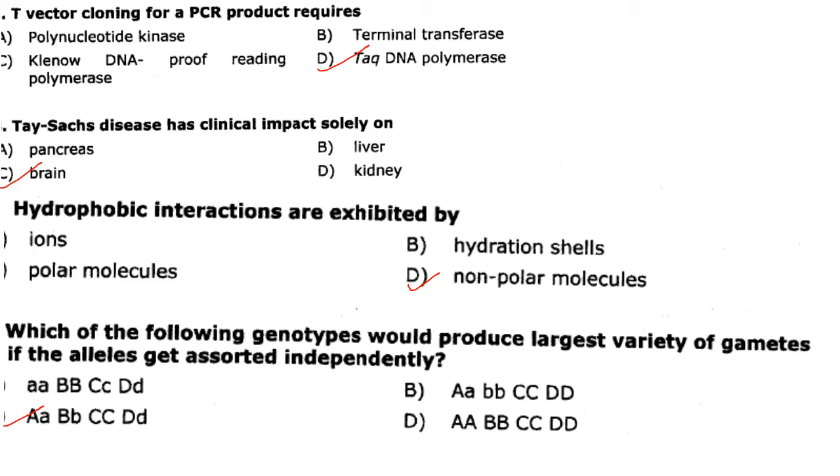Out of these, this has only two heterozygous, here only one is there, here all are homozygous, and here three heterozygous are there. That is A, capital A, small a, capital B, small b, capital D, small d. So answer is option C.